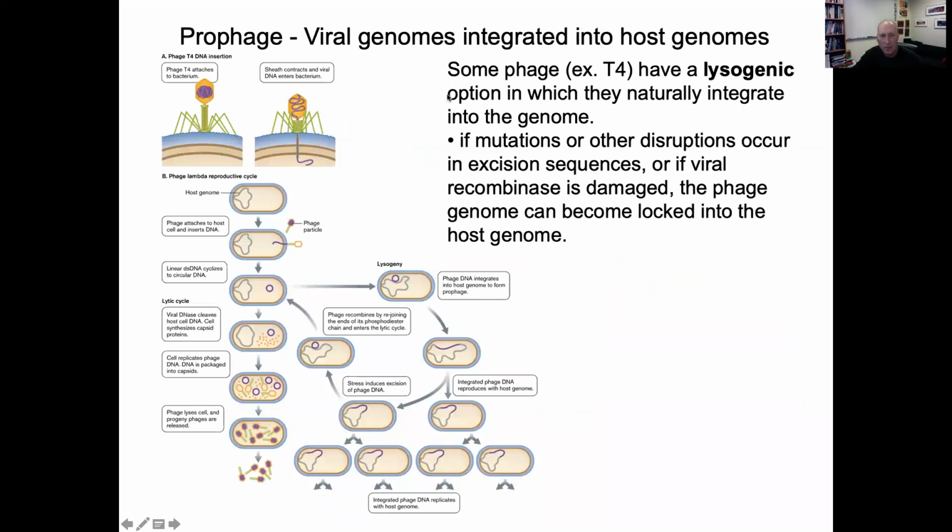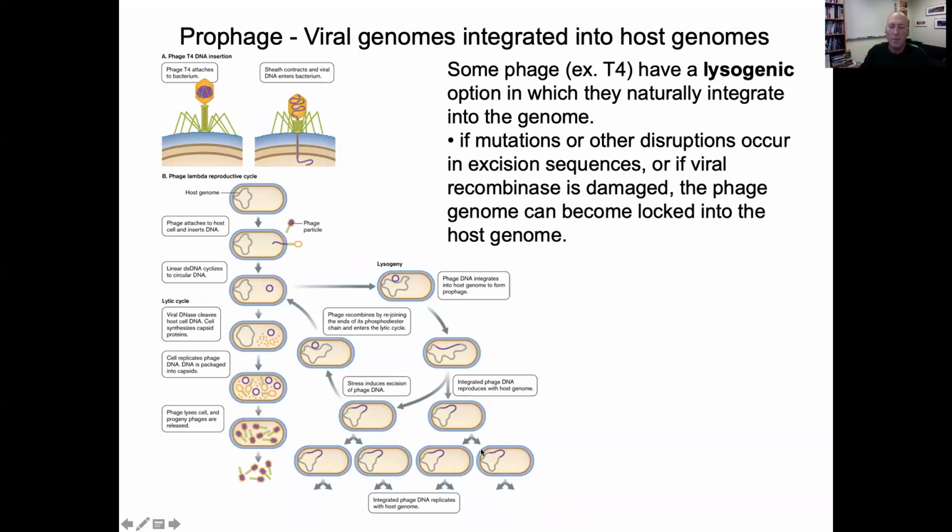The last one I told you about was prophage, so viral genomes that integrate into host genomes. Remember we talked about lysogenic phage, in which the virus integrated into the chromosome as a natural part of its life cycle. So it can stay there and replicate along with the chromosome. What happens frequently is that you get mutations in this. And now what was formerly a viral genome is locked into the chromosome and becomes part of the chromosome.